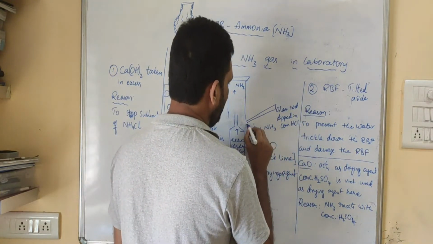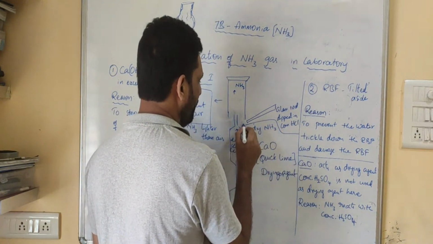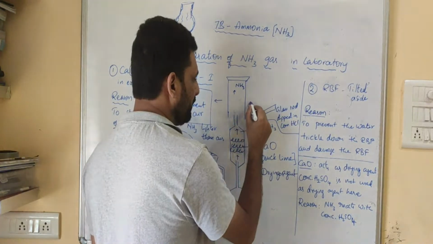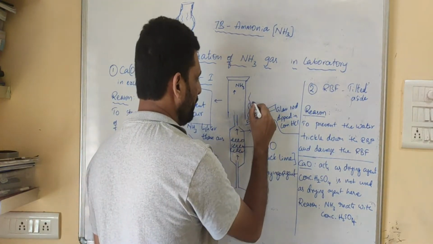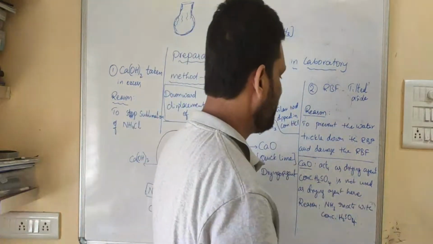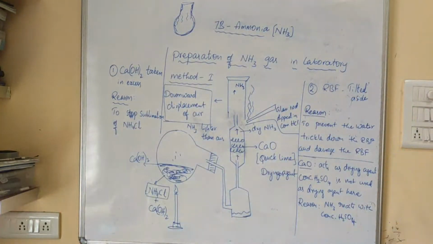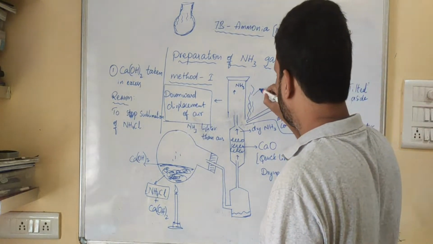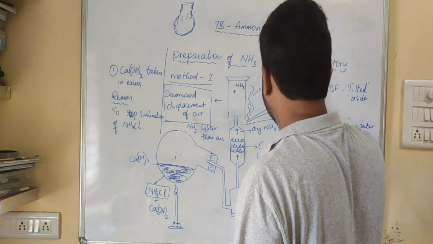When you keep it near the ammonia gas, you will see dense white fumes. So that is the test for ammonia gas. We can call it an identification test or a chemical test for ammonia gas. So the observation will be dense white fumes.